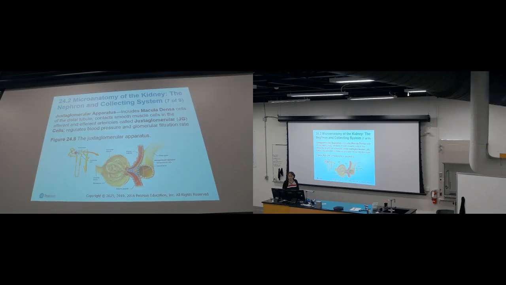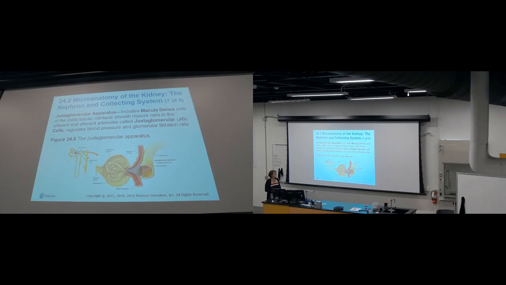So we have smooth muscle cells in the afferent and the efferent arterioles that are called the juxtaglomerular cells. When blood pressure goes down, you have less stretch of these smooth muscle cells, and then you send a signal, afferent signal, into your nervous system, and then that will trigger a mechanism to increase the blood pressure so that you don't faint.